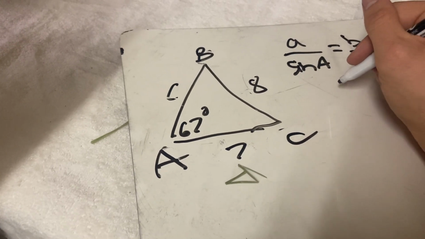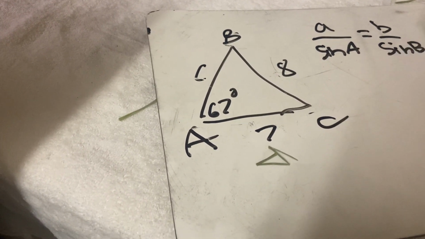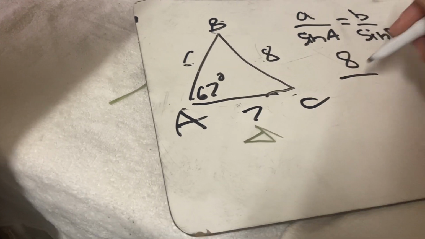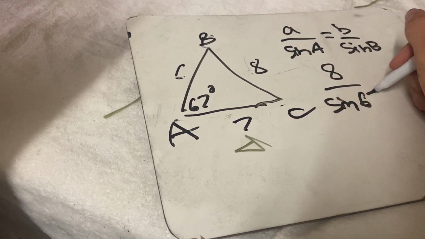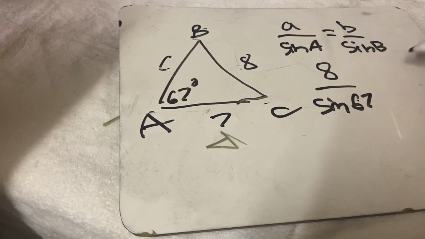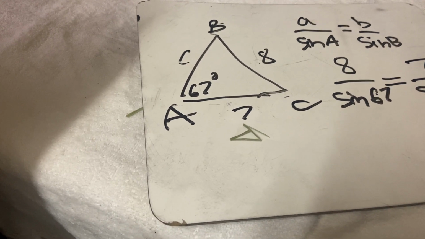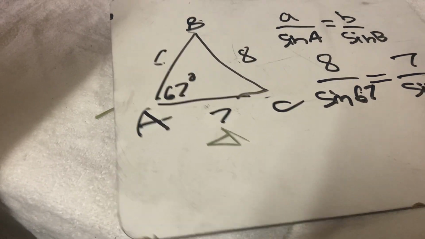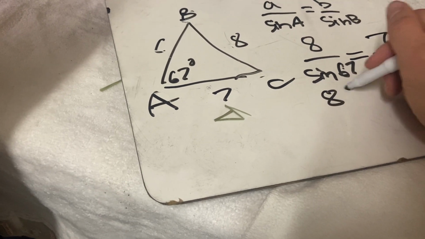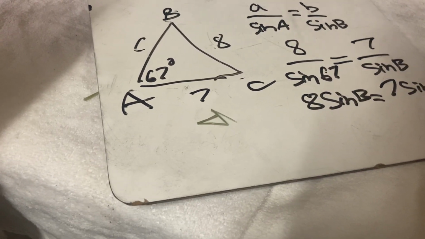It'll be 8 over sine of 67, which would equal 7 over sine B. Okay, now we've got to cross multiply. So it'll be 8 times sine of B would equal 7 times sine 67.